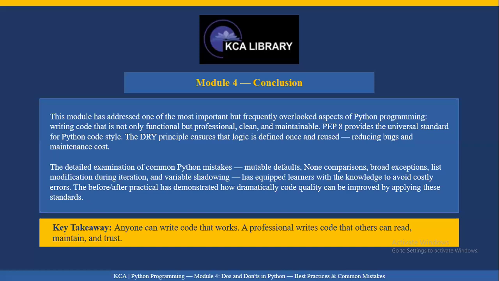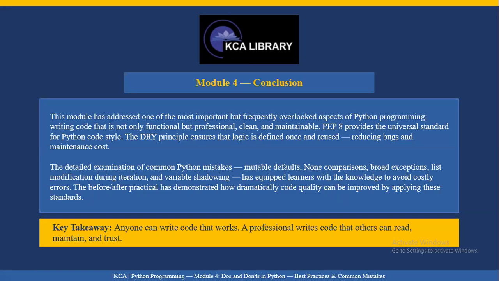Conclusion. This module has addressed one of the most important but frequently overlooked aspects of Python programming: writing code that is not only functional but professional, clean, and maintainable. PEP 8 provides the universal standard for Python code style. The DRY principle ensures that logic is defined once and reused, reducing bugs and maintenance costs.